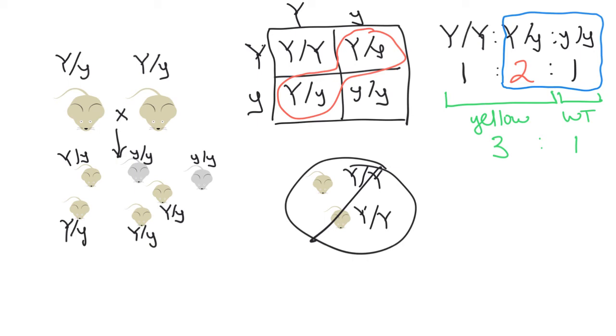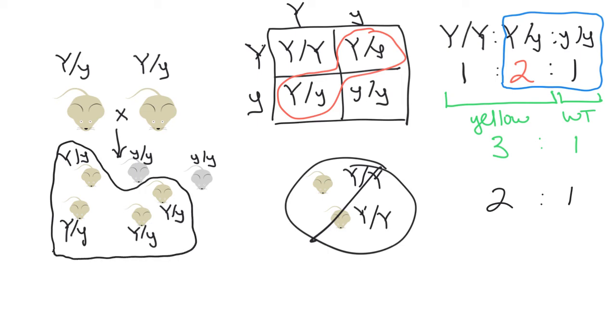And that's what our chi-square test ruled out. Instead, we saw a 2-to-1 inheritance pattern. And that's because of these offspring, 2/3 of them, or 2 out of 3, do have a capital Y allele, and the other third, 2 out of 6, are homozygous recessive.